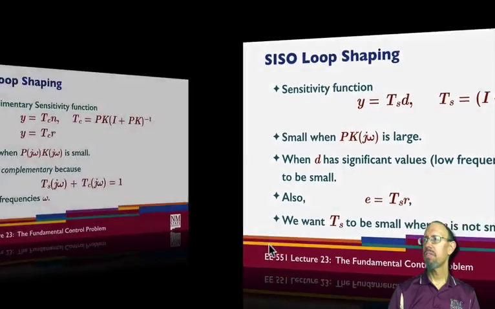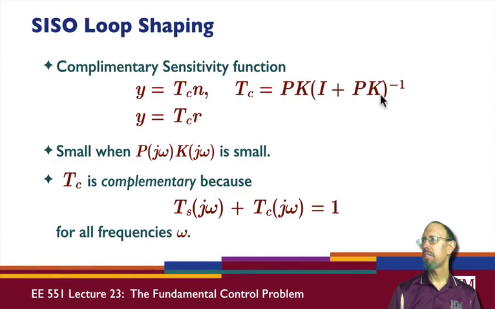So we've defined the sensitivity function. We can define the complementary sensitivity function by this expression. The complementary sensitivity function is actually the closed loop transfer function. That is, it's the transfer function from R to Y, but it's also the transfer function from N to Y. Generally, when this quantity is small, the sensitivity function will also be small.